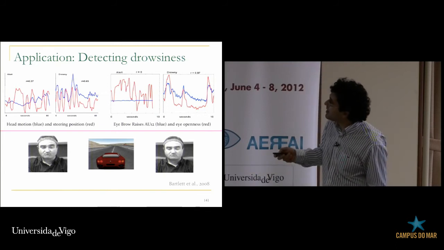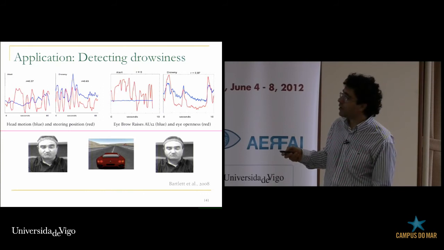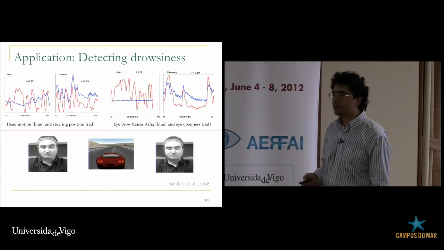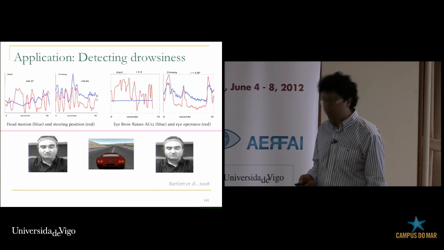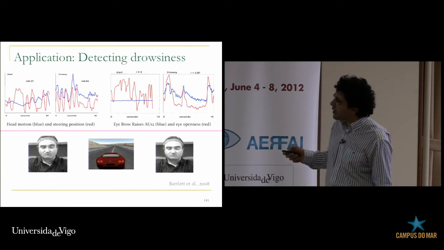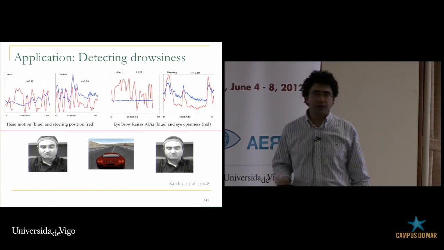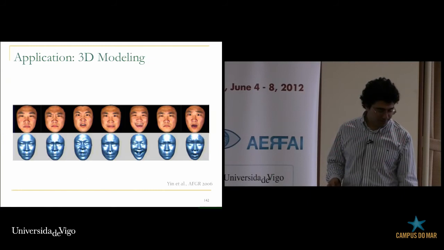But what it does is, you see, head motion is observed, because when you're drowsy, your head is probably doing these abrupt motions. And the eyebrow raises and eye openness. Okay? So facial expression recognition can be useful for smart cars.